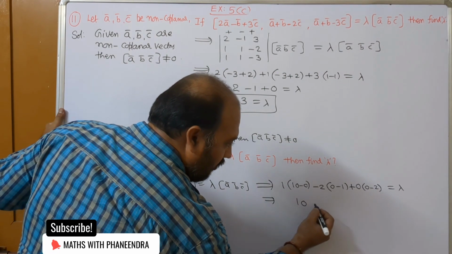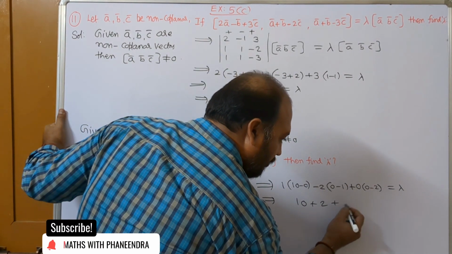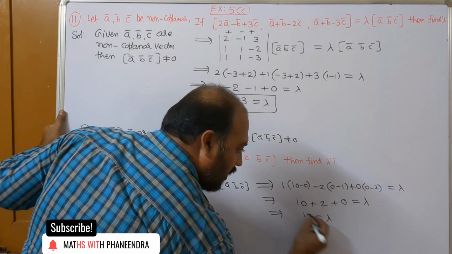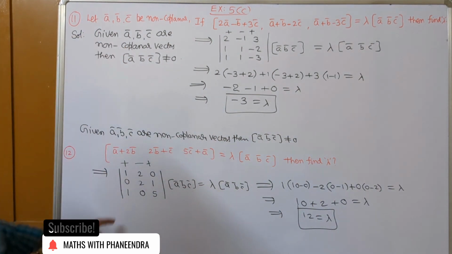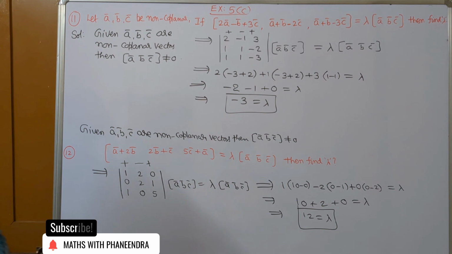So 10 plus 2, 0. So that implies 12 is equal to lambda. So these types of questions we may expect in 2 marks questions, dear students. We'll move on to another question.